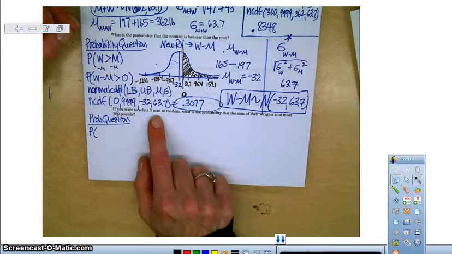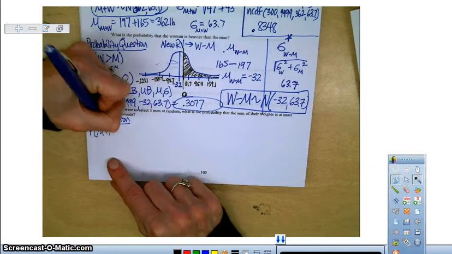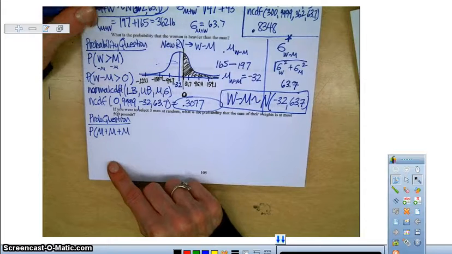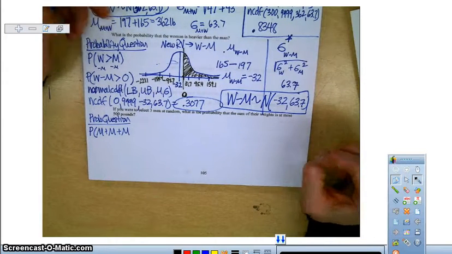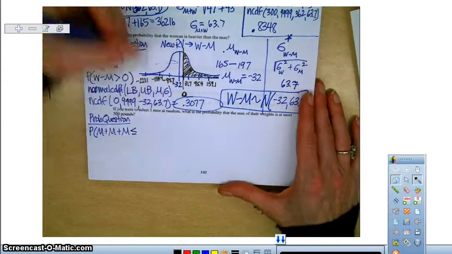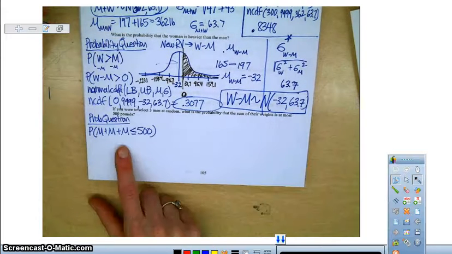If you were to select 3 men at random, how would you write the sum of 3 men's weights? What would be that random variable? M plus M plus M. So the probability that M plus M plus M is at most, what math symbol is at most? Less than or equal to 500. Okay. So that's the probability question I want to answer.